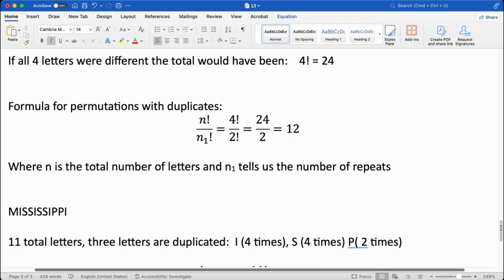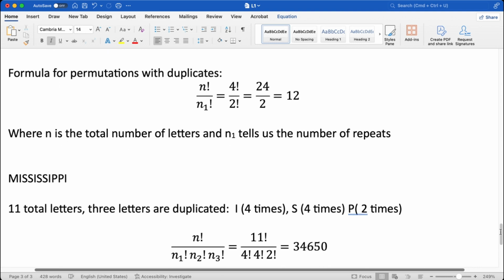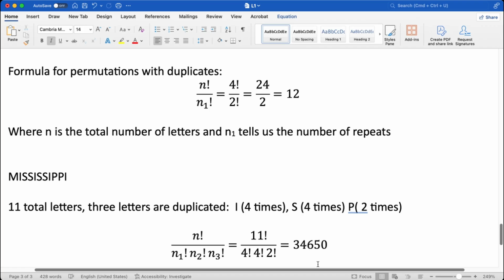For instance, in the word Mississippi, we have 11 total letters. The I appears 4 times, the S appears 4 times, and the P appears twice. So we're going to divide out by a factorial for each of those duplicated letters. The grand total would have been 11 factorial for 11 total letters.